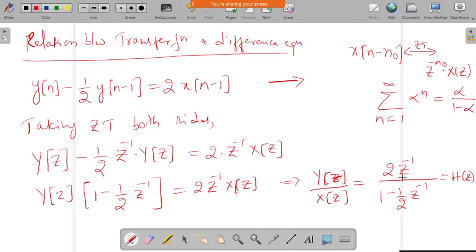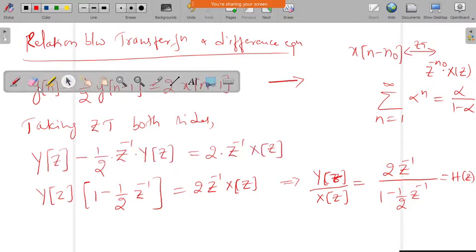If you multiply numerator and denominator, we are going to get the similar kind of alpha, that is here 2 into, I will just multiply half into z inverse, and divide by half. Okay. So both numerator and denominator I will multiply and divide, 1 minus half into z inverse. Now we can see this factor is similar to alpha by 1 minus alpha.